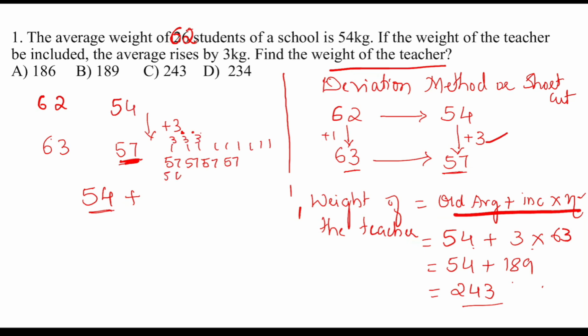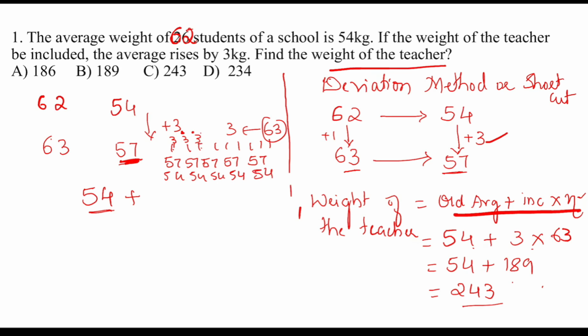Initially each person was having 54, isn't it? Now each person's weight is increased by 3, all 63 people increasing by 3 kg. That time only the average increases to 57, meaning from 54 it became 57.